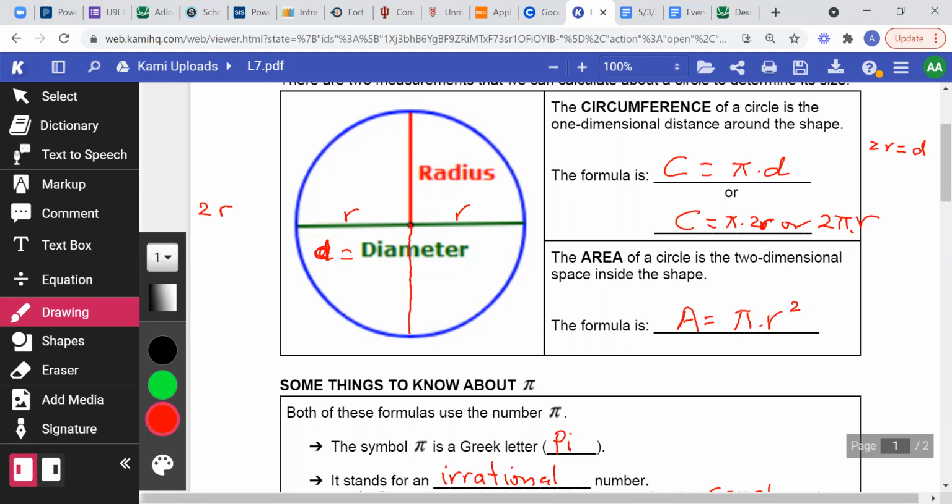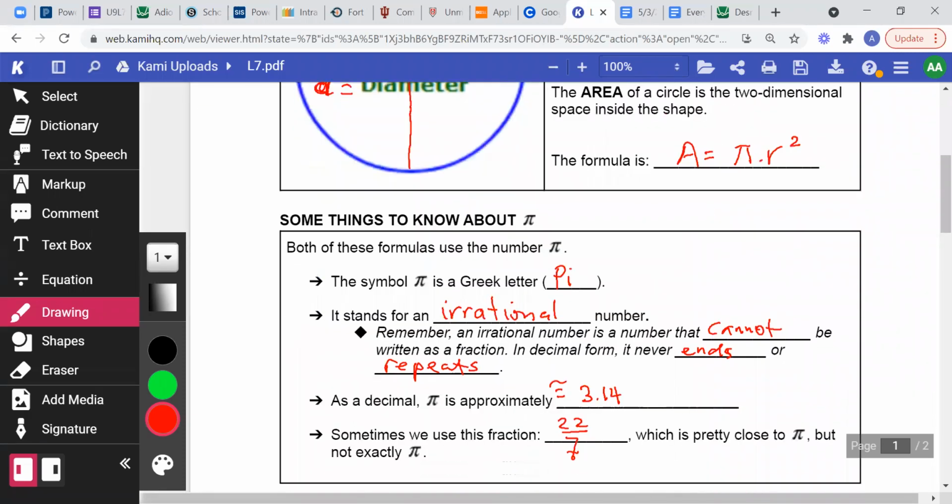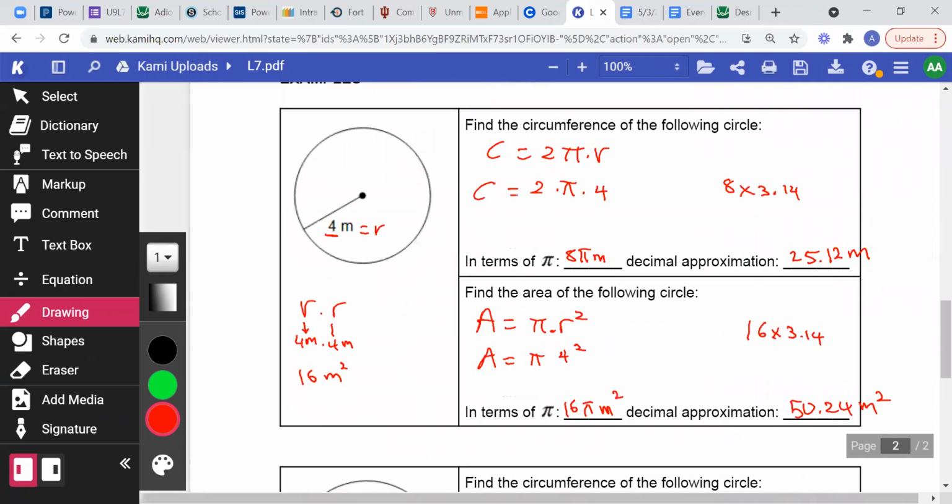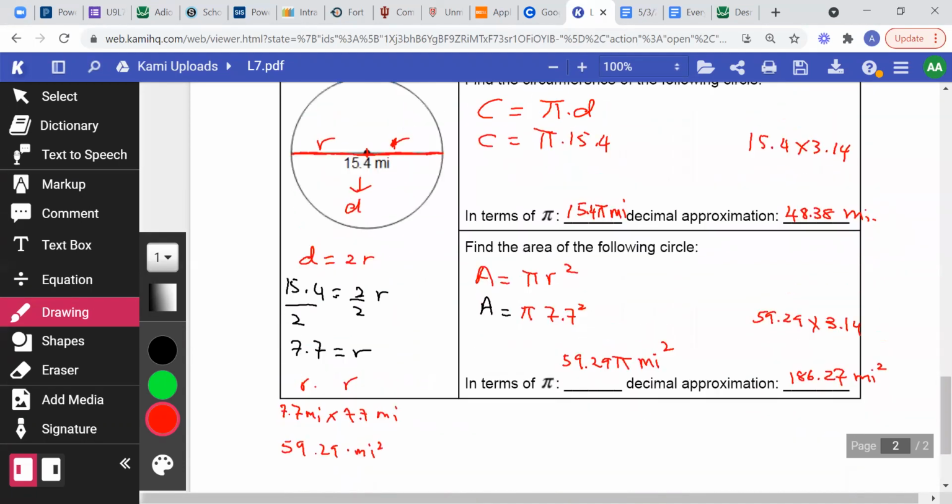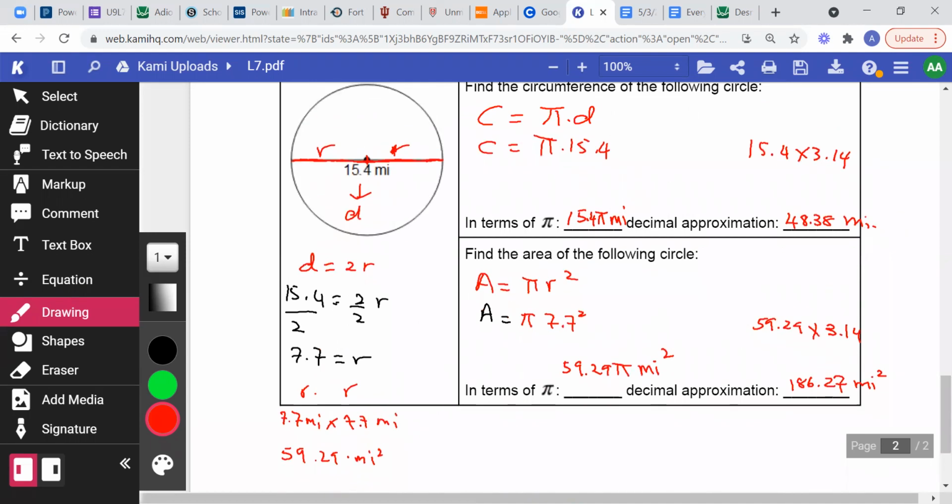If your radius is in feet, your area has to be in feet squared. So unit squared, make sure you always put the square on the unit. Like in this case here, where we had 16 pi meters squared. Or down here, where we had 59.29 pi miles squared, okay?